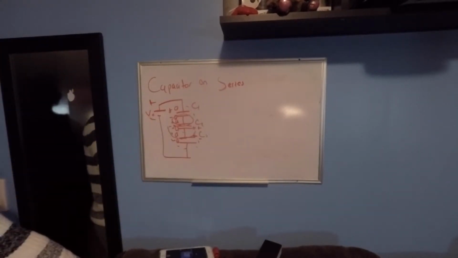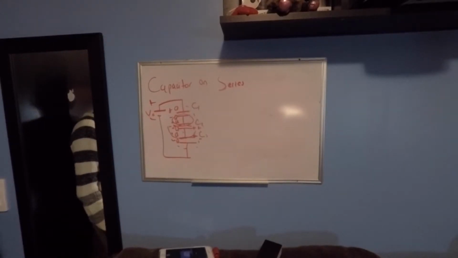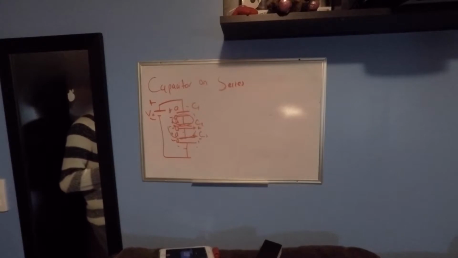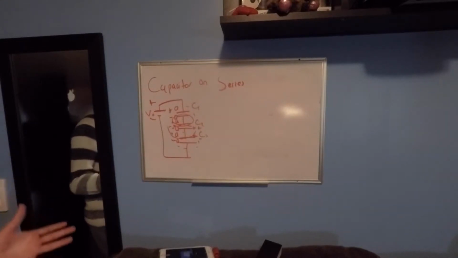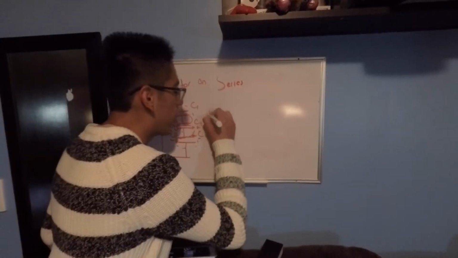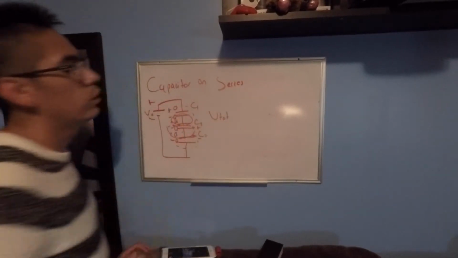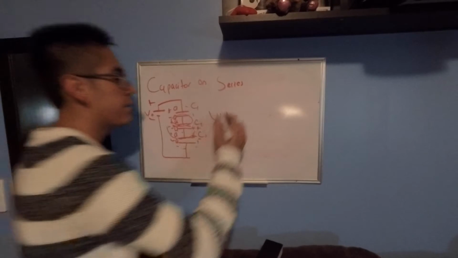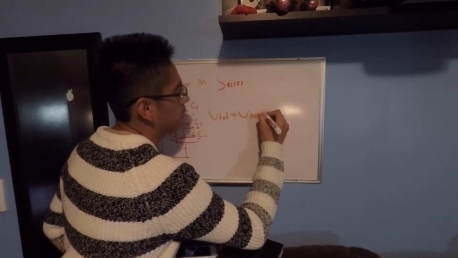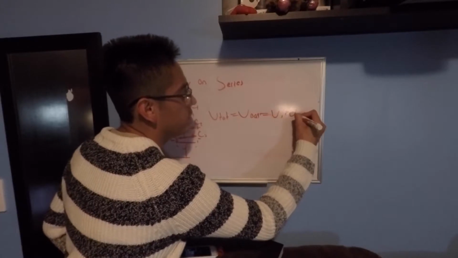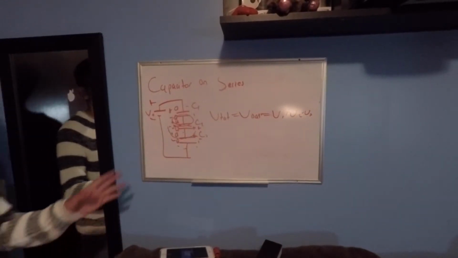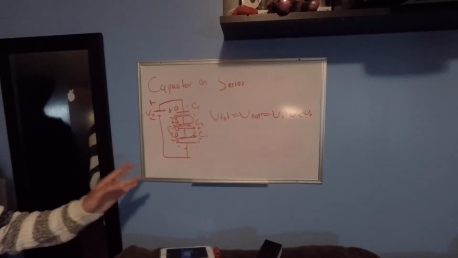That is our capacitor. What happened next is that obviously the voltage will not be the same. We have a total voltage, the battery voltage, and then we have V1 plus V2 plus V3, like that, because we are adding each of the voltages.